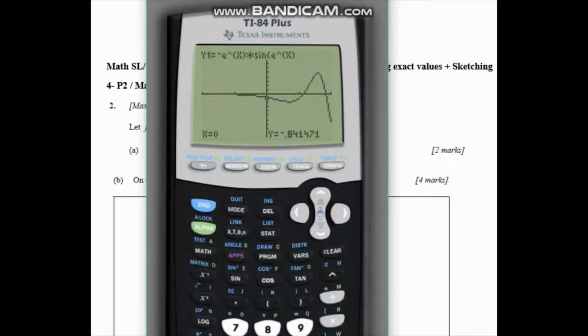And the function is approximately within the window. It is well adjusted, well placed within the window, so I don't really need to change my y minimum and y maximum. So all I have to do now is maybe just copy this down on the answer paper, and it should look something like this.